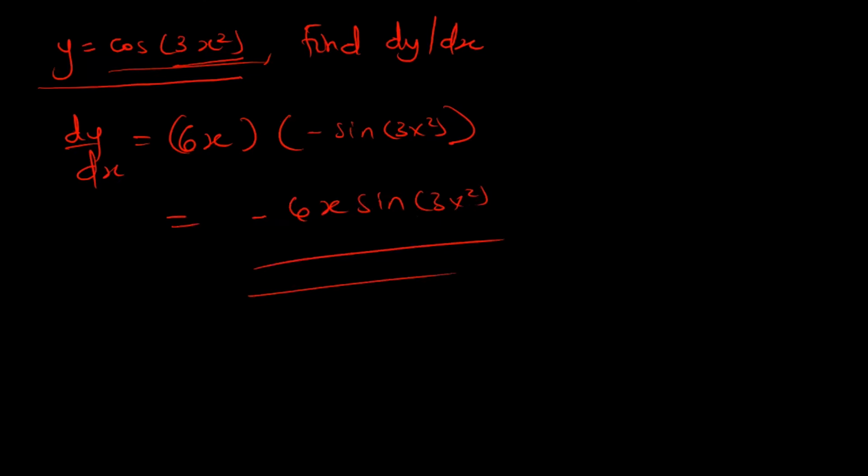Okay, let's take another example. Let's say we have f of x equals cos x sine squared x. How are we going to differentiate a function like this? We apply the product rule, right? Because you have a function of x multiplying a function of x here.